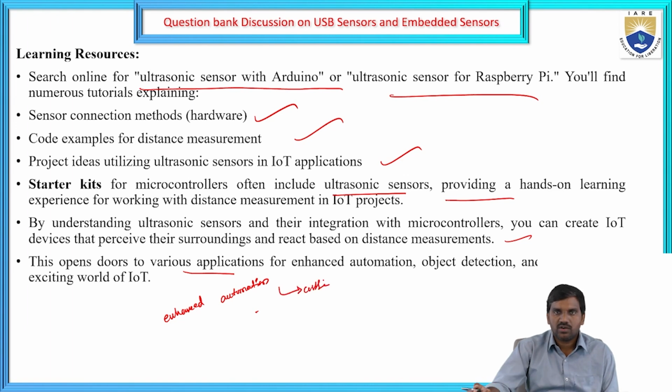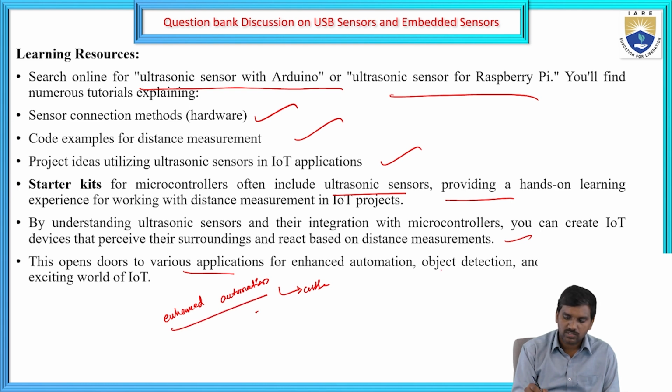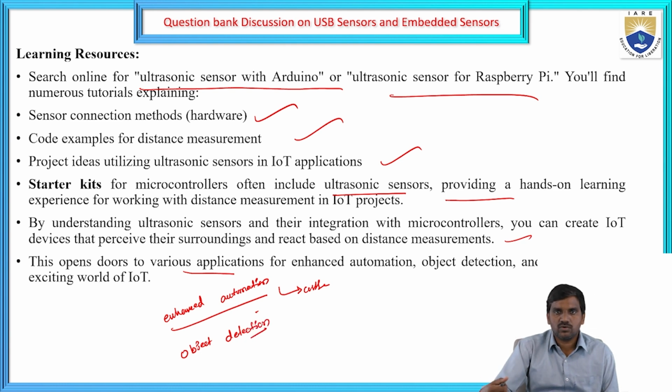When the coffee beans are going to run out, it automatically sends the information that the coffee beans are going to end, so you can immediately fill the box. The automation process goes on without any human intervention. For object detection, if another person comes to our home, it can automatically send the information to the destination that another person is in front of our door.